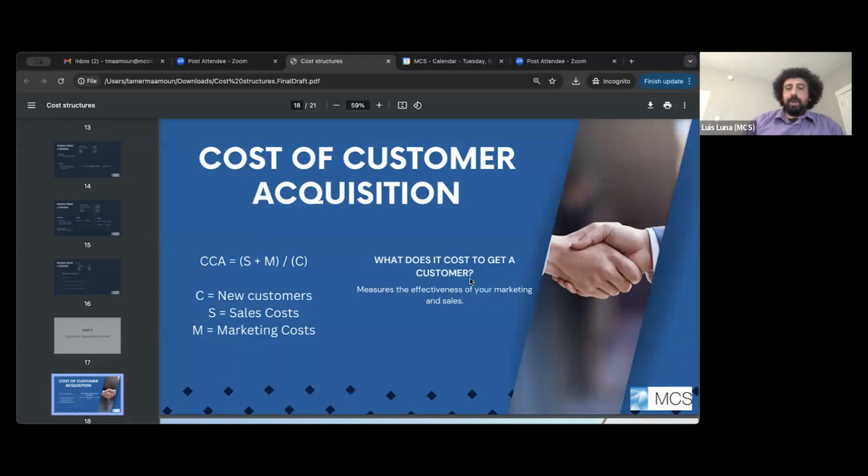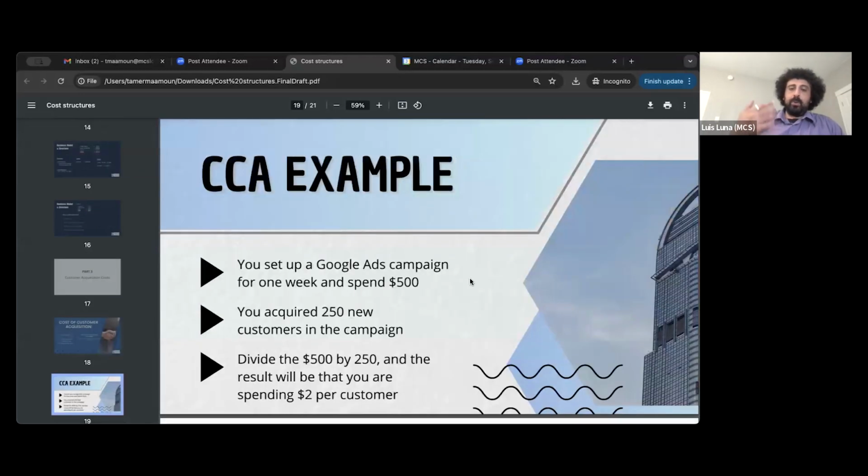For instance, you have a Google Ads campaign for 1 week and you spend $500. In that week, you're able to acquire 250 new customers. So you take the $500 you spent on Google Ads, divided by 250 new customers, and you're spending about $2 to acquire a new customer.